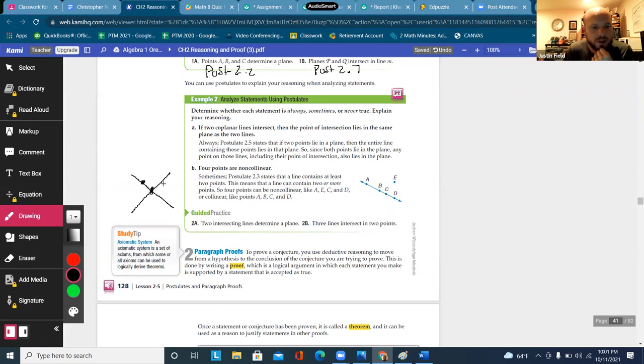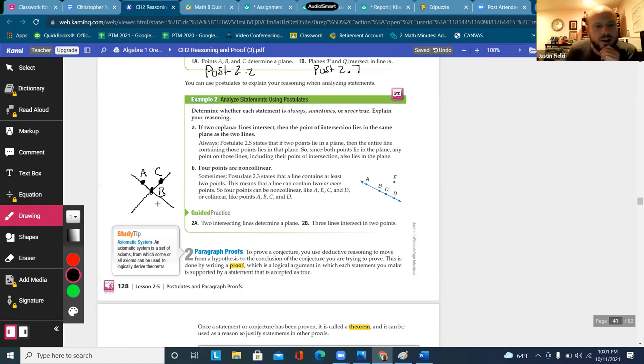We could think about 2 intersecting lines as having points on them. And if they intersect, they have to intersect in some plane. No matter what, there's got to be some plane in which they intersect.